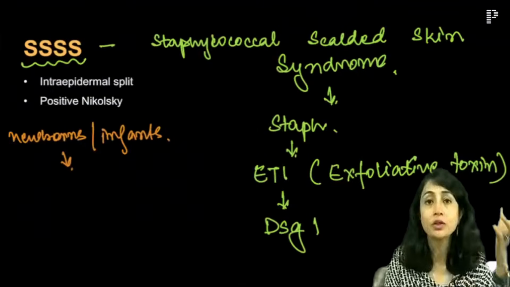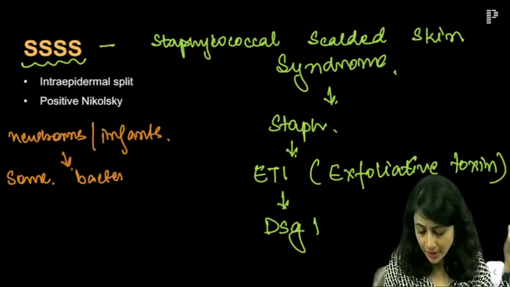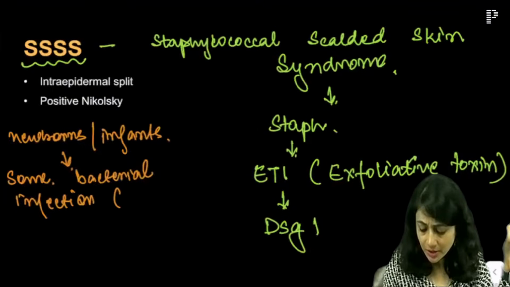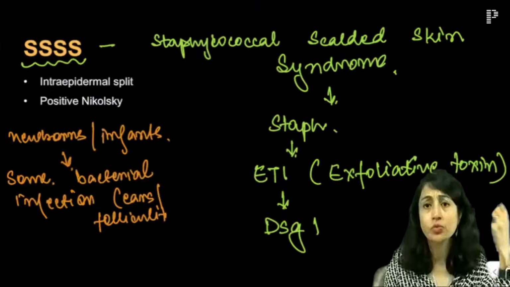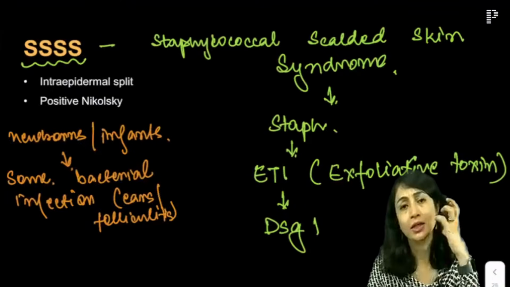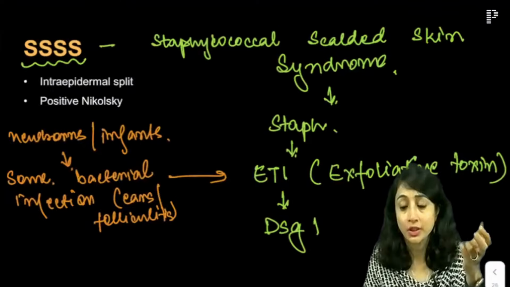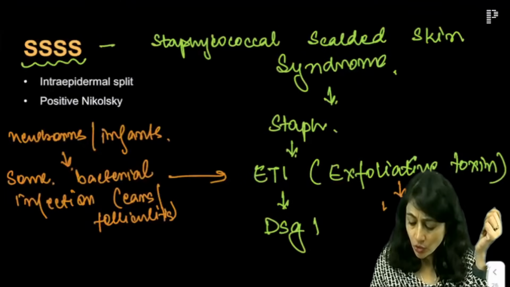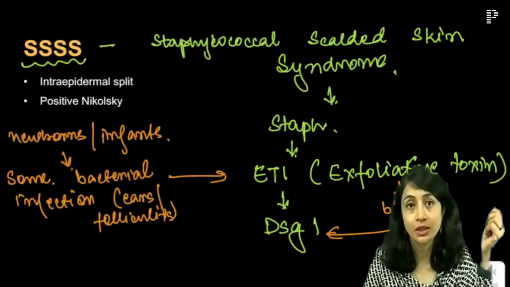It will start with some bacterial infection, which can be in the ears, as folliculitis, whatever. So some small focus of bacterial infection happens. Now that bacteria releases this ET1 or exfoliative toxin. This ET1 goes into the bloodstream and binds to desmoglein 1 in the skin.